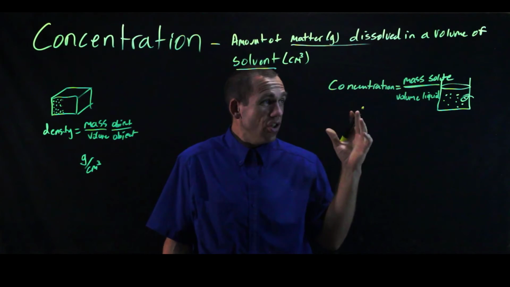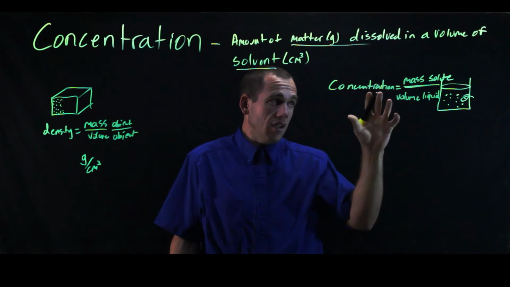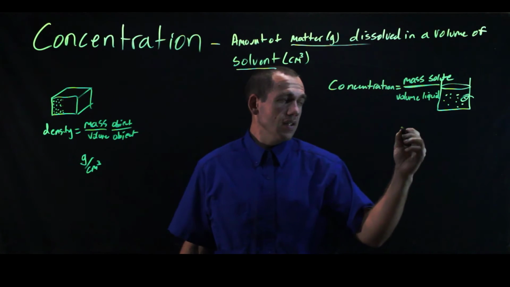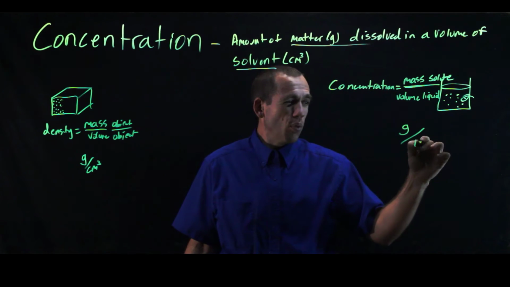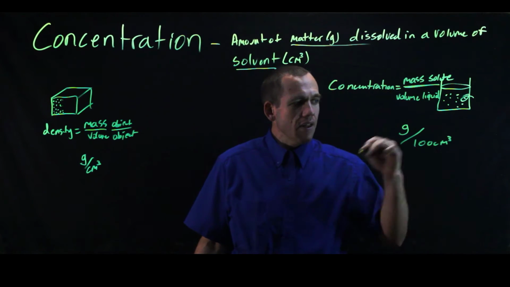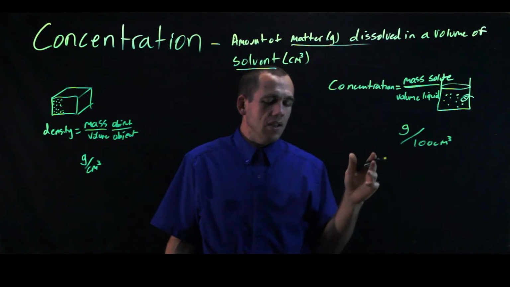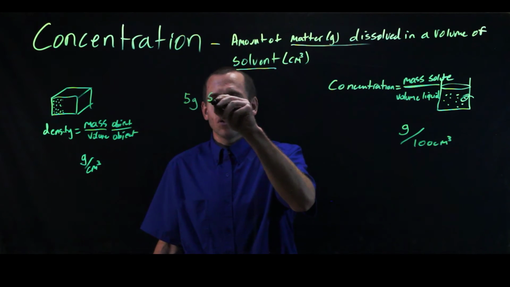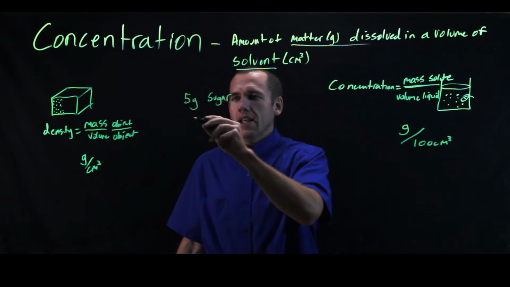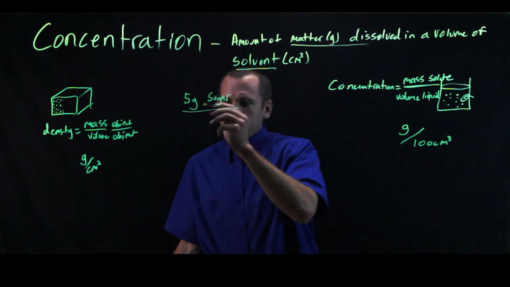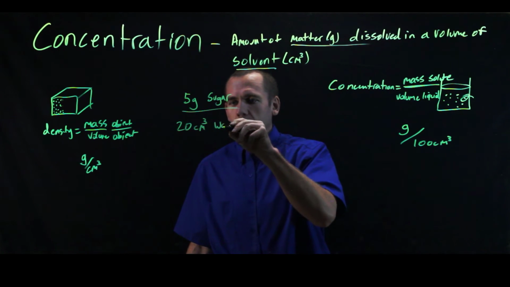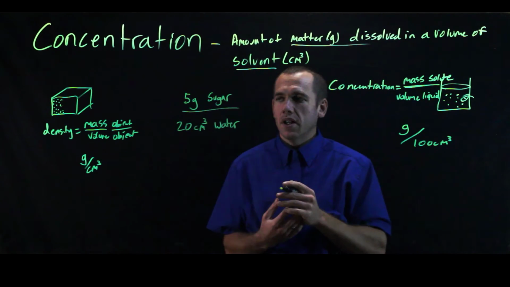And to make it clear that we're talking about concentration rather than density, a lot of times we'll give concentration as grams per 100 cubic centimeters. Now that means we're going to have to do a little bit of math, because let's say I dissolve 5 grams of sugar in, say, 20 cubic centimeters of water. And I want to know its concentration.